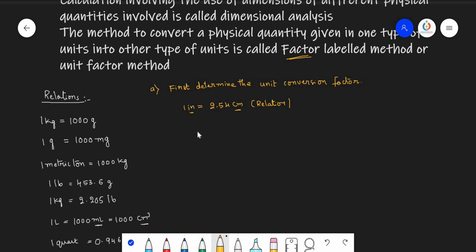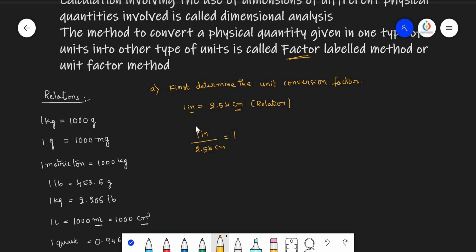Factor means this can be written as 1 inch divided by 2.54 centimeters, that equals 1. Is it correct? Yes. Why? Because here the numerator is in terms of inches and the denominator is in terms of centimeters.